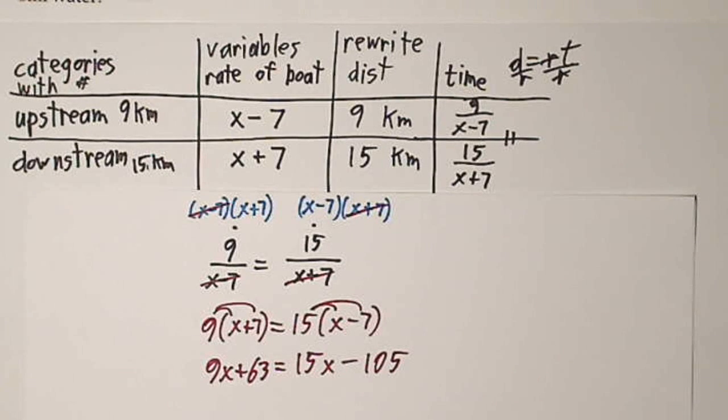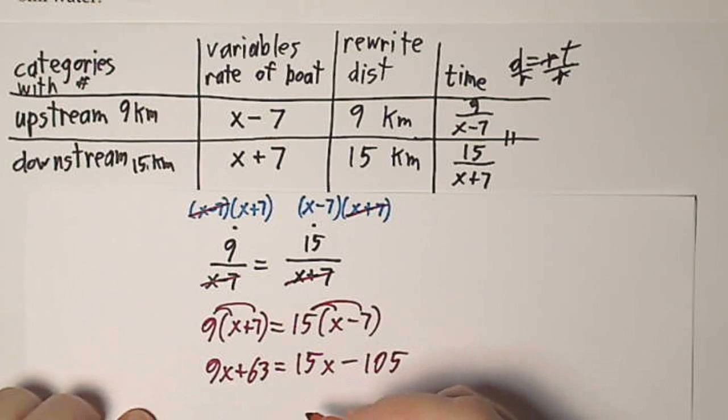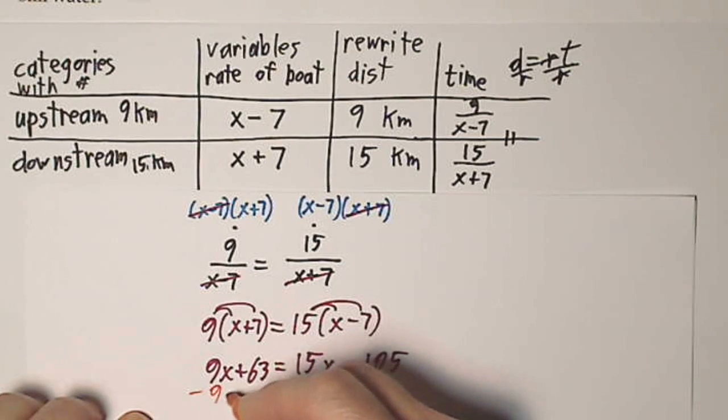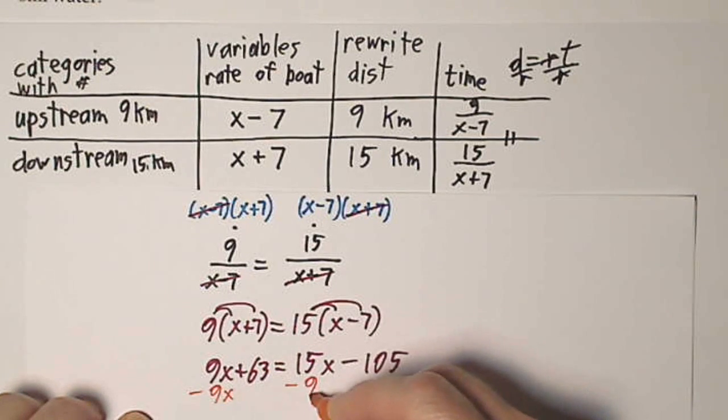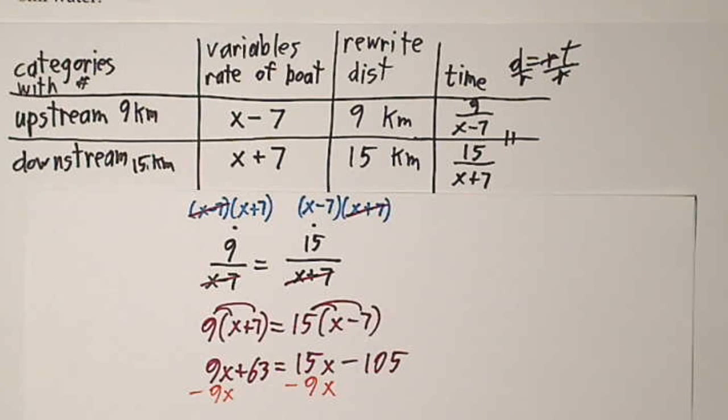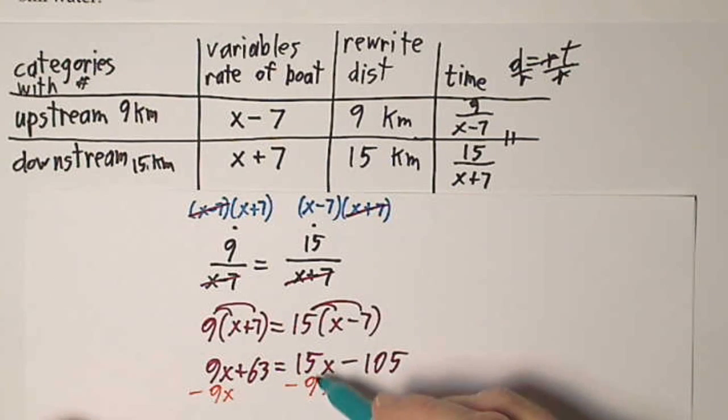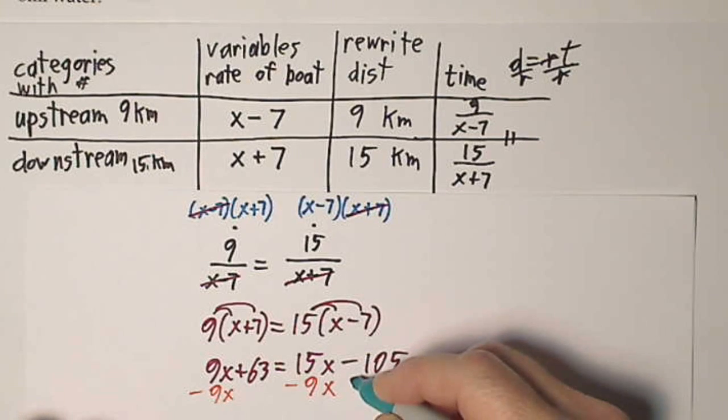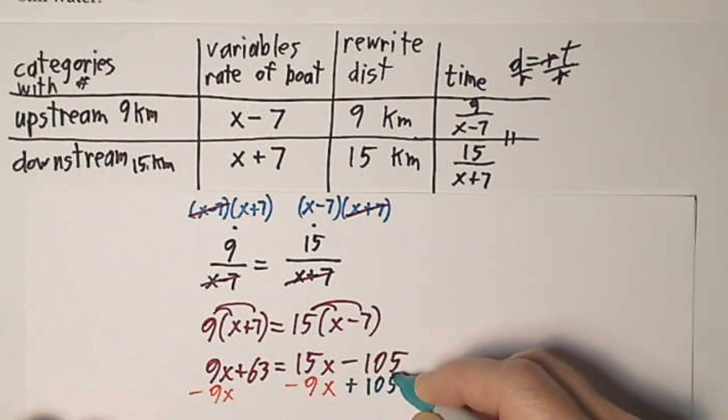And here, let's try to clean this up kind of quickly. I'm going to get rid of the 9x. And at the same time, see, I'm going to end up with an x over here, so I've got to add 105.